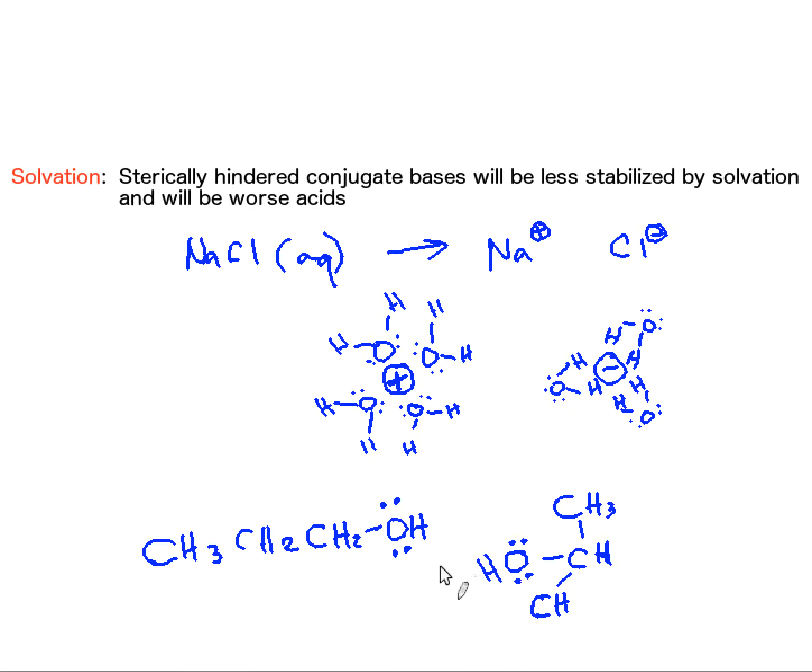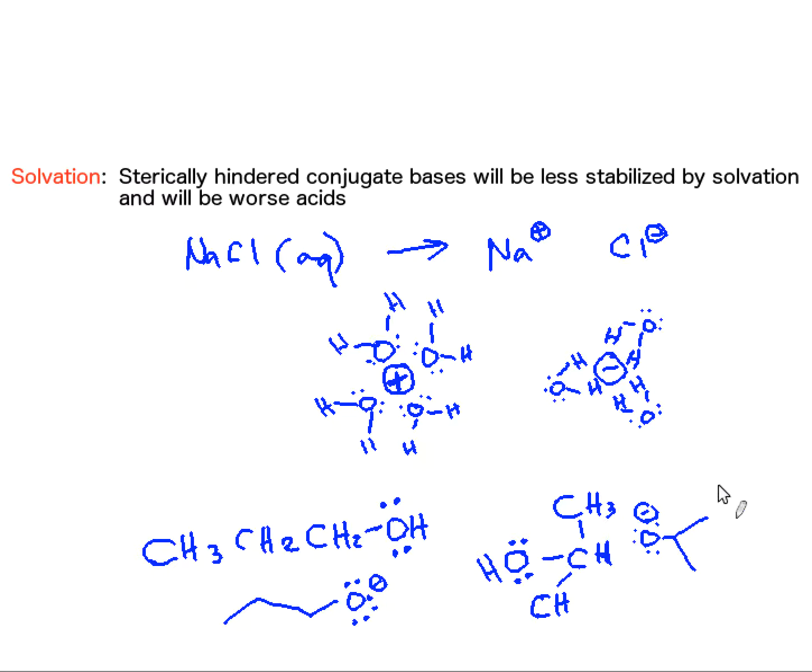And the difference in acidity is based upon the stability of their conjugate base in the presence of a solvent. Now, if we consider the conjugate base for each of these, they both would have a negatively charged oxygen. And the only real difference is the branching between these two conjugate bases.